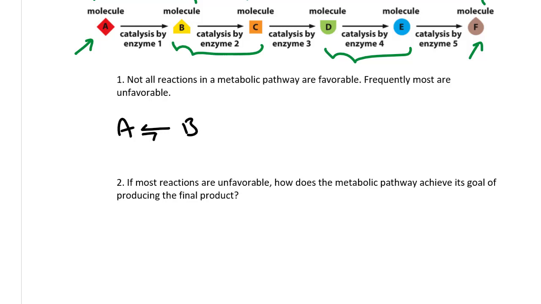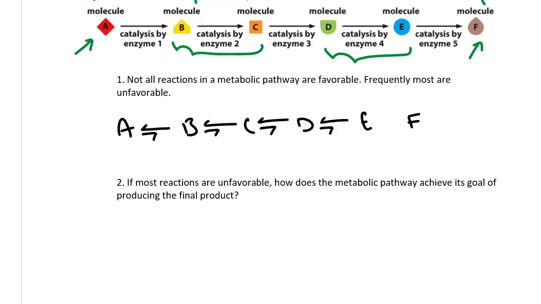And the same thing from B goes to C, and C goes to D, and D goes to E also. And then we'll leave this last part blank for right now.